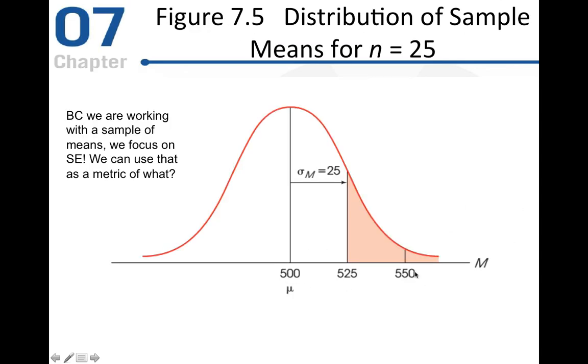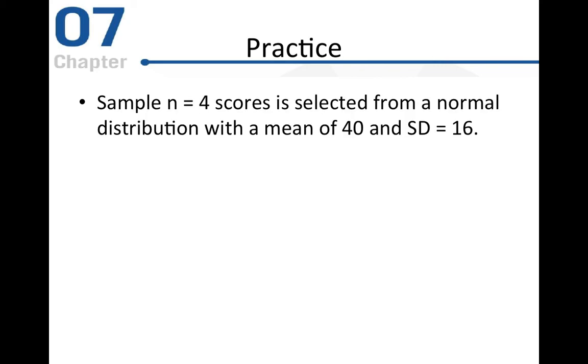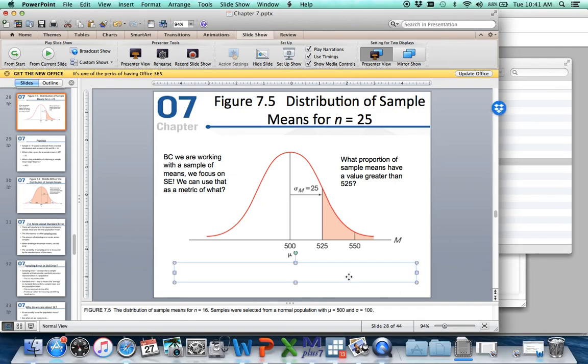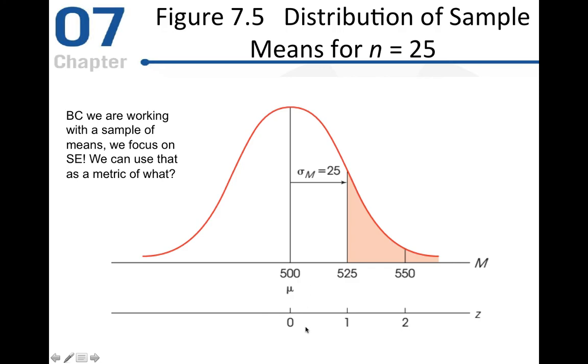And what we find is that, because our standard error is 25, the standard deviation of our distribution of sample means is 25, 525 is equal to a z-score of 1, 1 standard error unit above the mean.